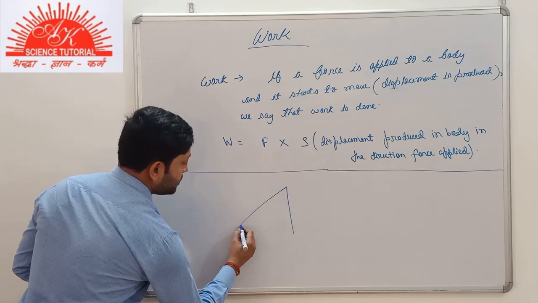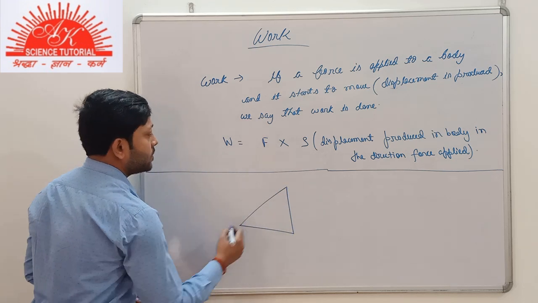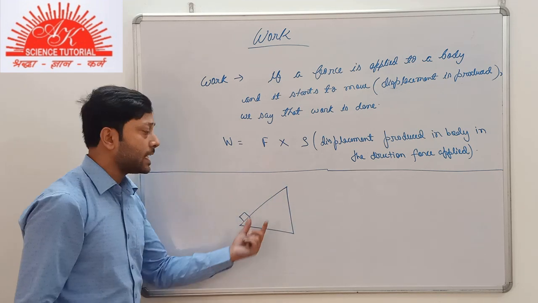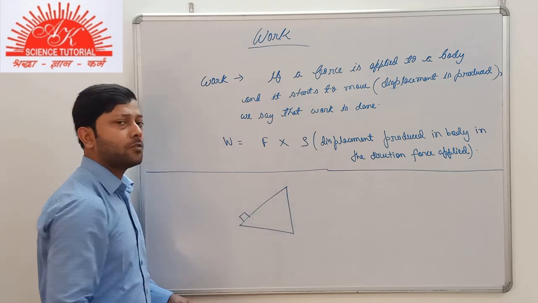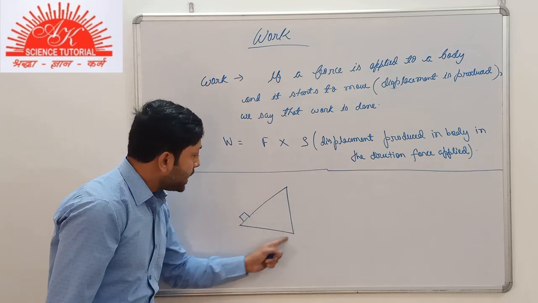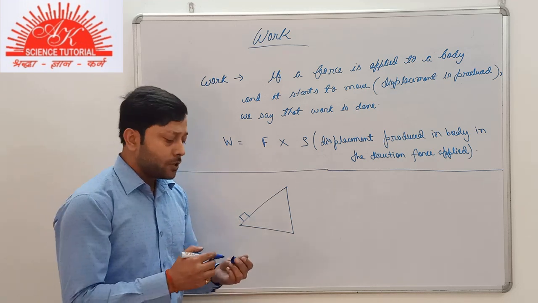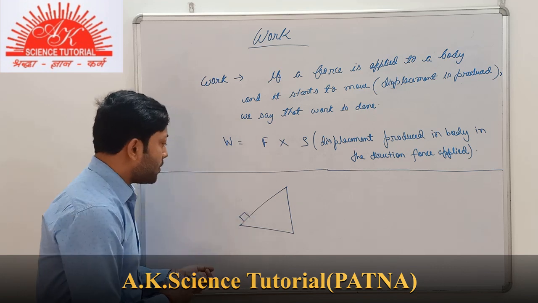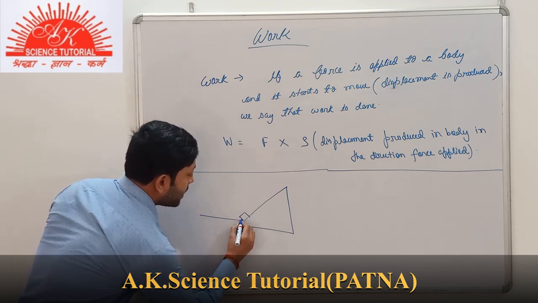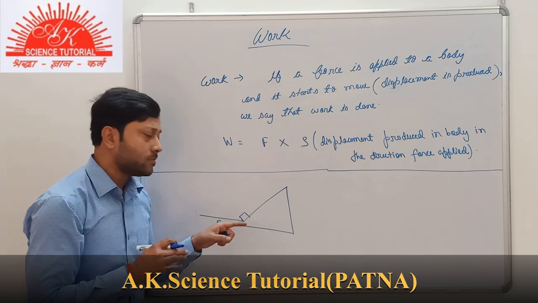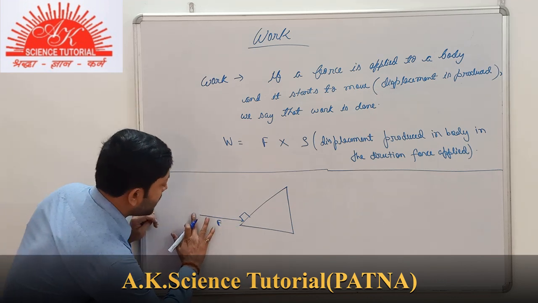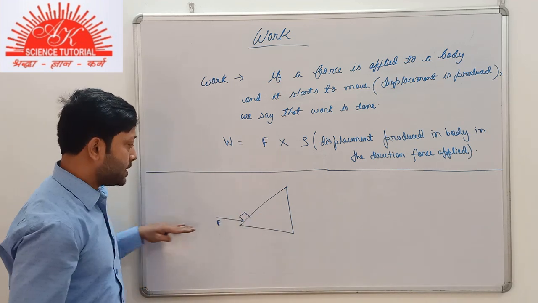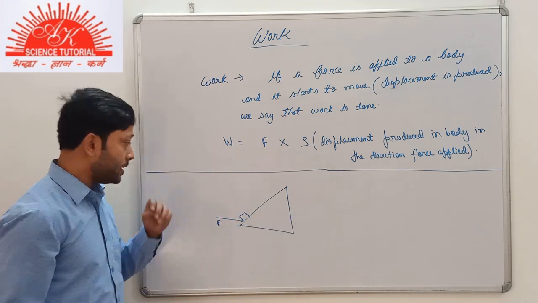Suppose we have a block here that is placed on the inclined plane. This is a simple machine, you will get to know about it. Inclined plane, we use it to make our work simpler. Here we have a block over here, and you are applying a force, capital F, on the block, and obviously you can see here the direction of force is horizontal.